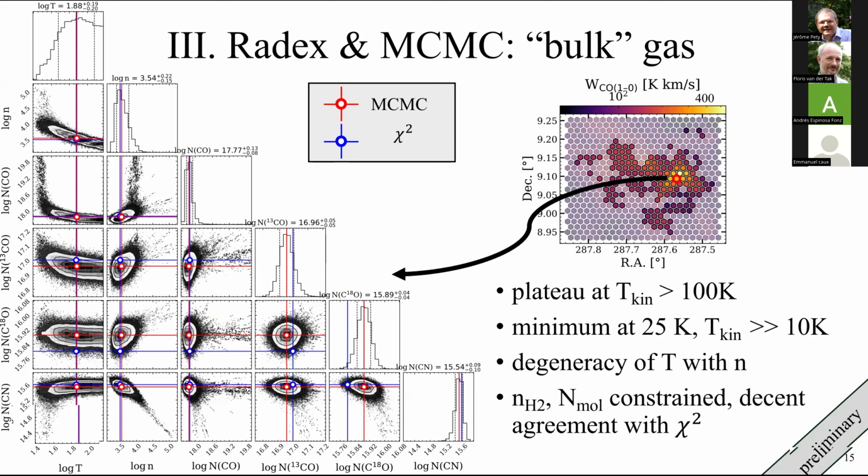However, we see a decrease towards the lower side, which results in a minimum at about 25 Kelvin, which means that with these tracers, we definitely don't trace gas at roughly 10 Kelvin, but much higher.